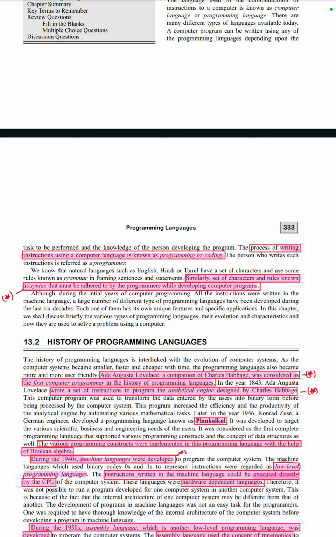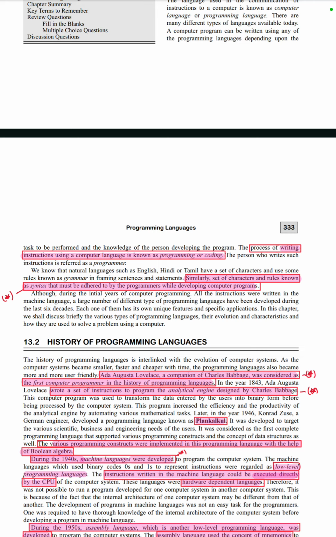Similarly, a set of characters and rules known as syntax must be adhered to by the programmers while developing computer programs. We know natural languages such as English, Hindi, Tamil have a set of characters and use some rules known as grammar in framing sentences and statements.